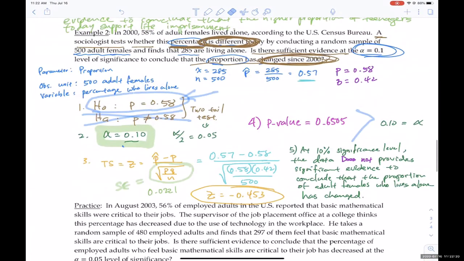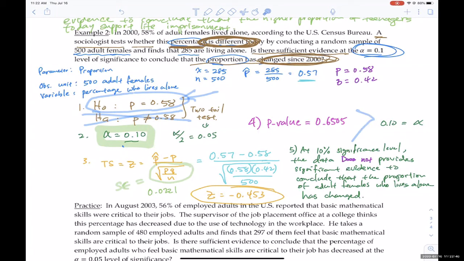You collect all the information here. Number 1, state your null hypothesis. Number 2, state your significance level. Step 3, calculate your test statistic. Step 4, using StatCrunch, figure out your p-value and compare it to your significance level.